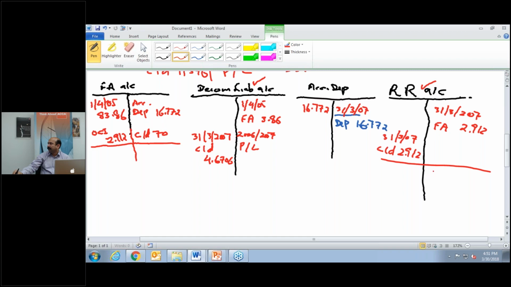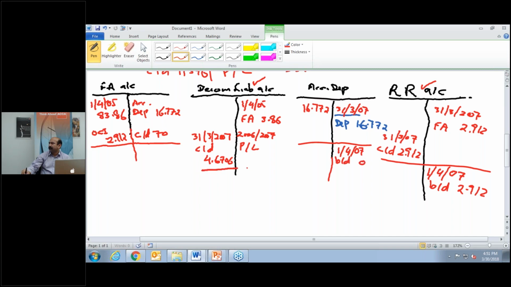And then the opening balance of the next year is 2.912. And similarly, you can see that the opening balance for accumulated depreciation, which we do not need further, on 1st April 2007 will be 0.